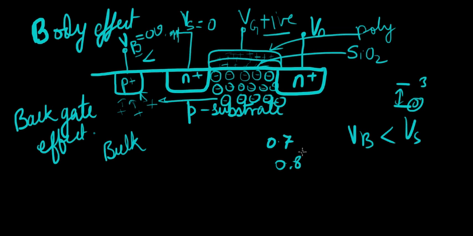That means you're going to have to waste 0.8 volts of your VG in just trying to start your MOSFET. And that increase in threshold voltage because of the decrease in the bulk voltage is called the body effect. In fact, it's just called the increase in threshold voltage because of changes in the bulk voltage, or the body voltage, or the substrate voltage.